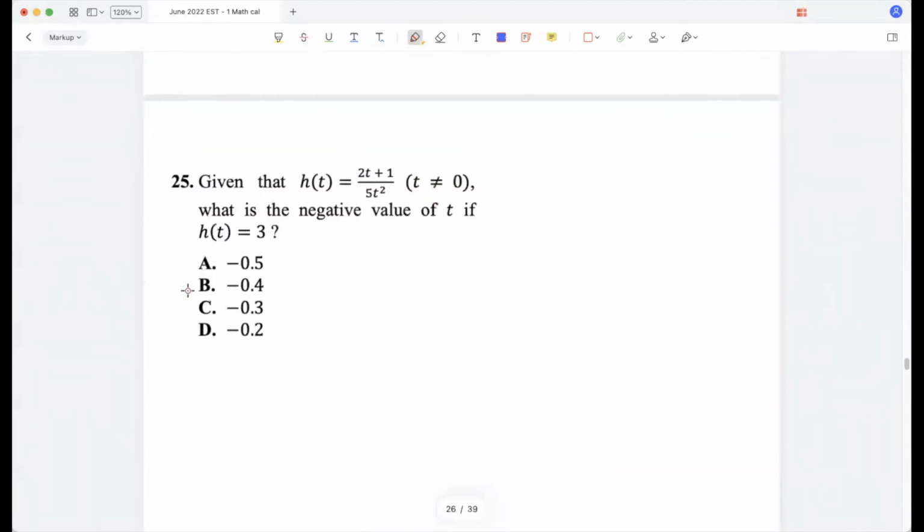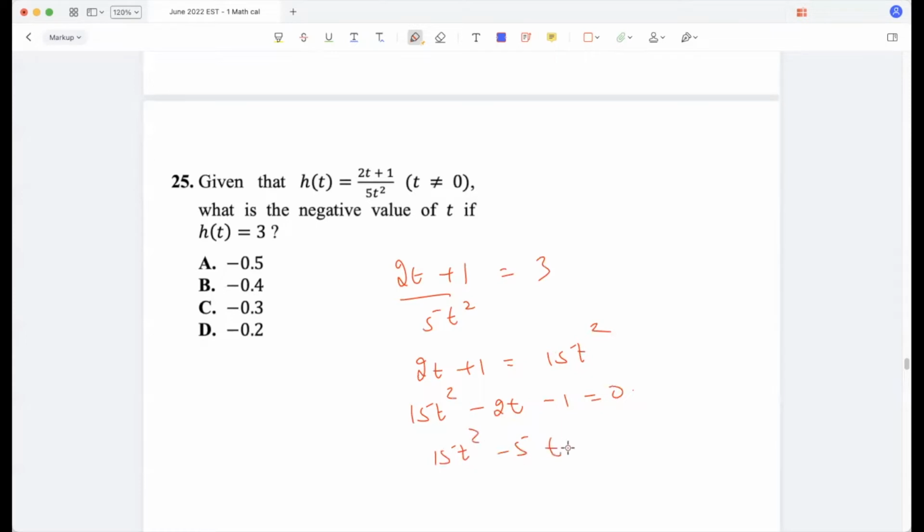Given that h(t) is this, what is the negative value of t if h(t) is 3? So 2t plus 1 by 5t squared is 3. So 2t plus 1 is 15t squared. 15t squared minus 2t minus 1 is 0. So 15t squared minus 5t plus 3t minus 1 is 0.